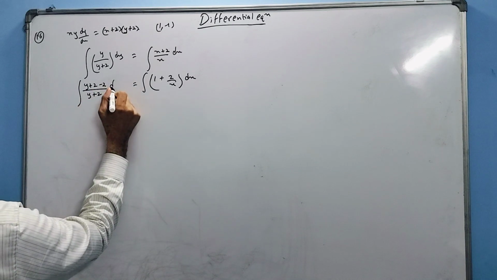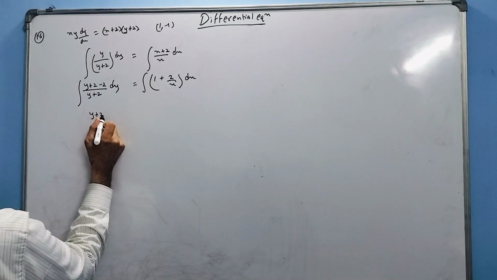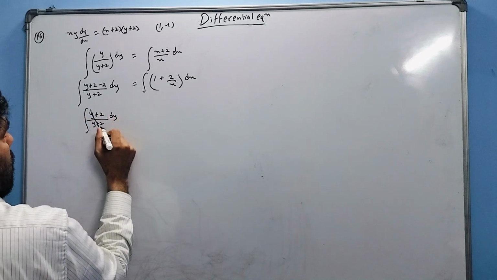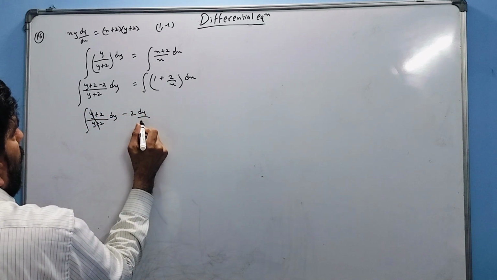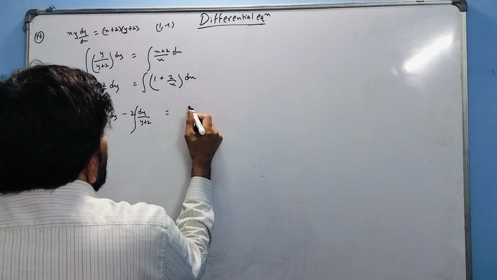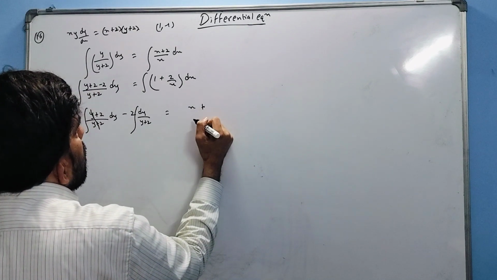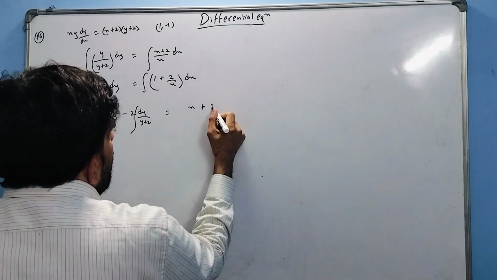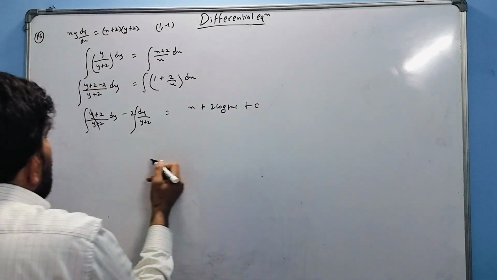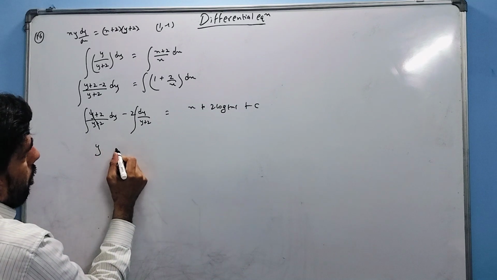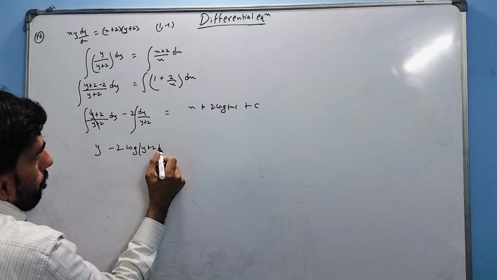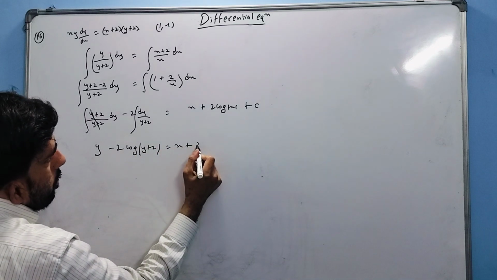Now you can separate it out, dy minus 2 dy upon y plus 2. So now we have x plus 2 upon x, so we can write 2 log x plus c. Here what we can do, y minus 2 log y plus 2 is equal to x plus 2 log x plus c.